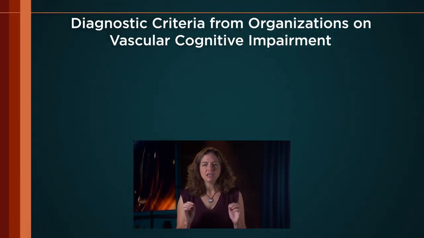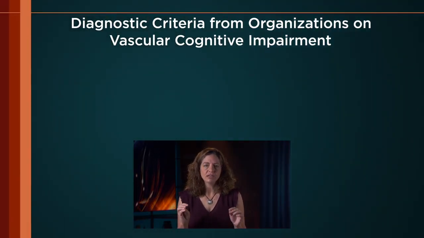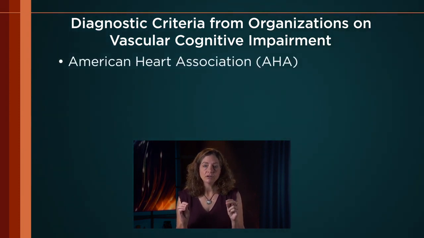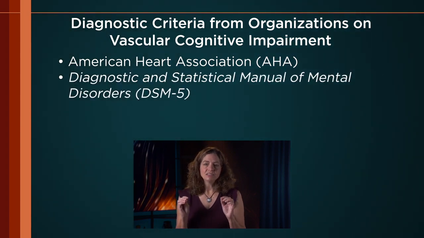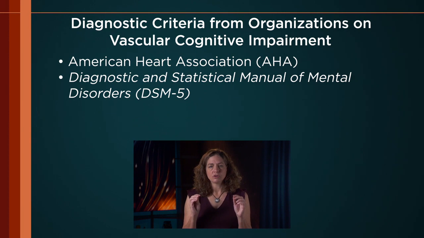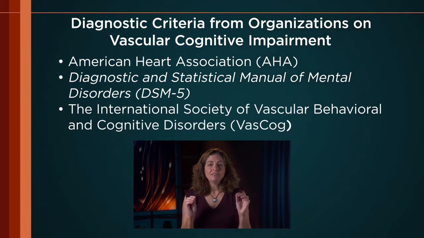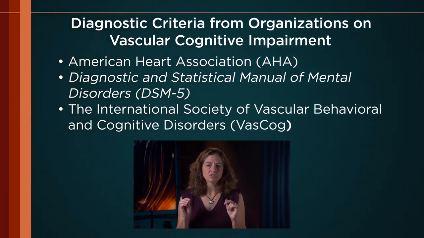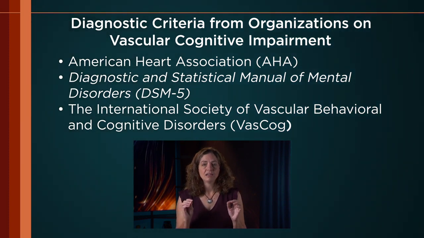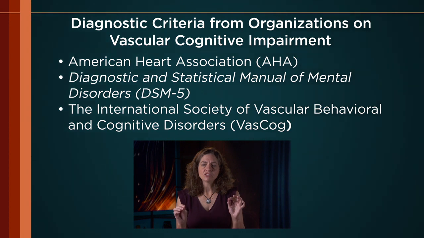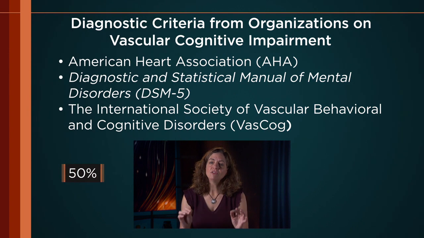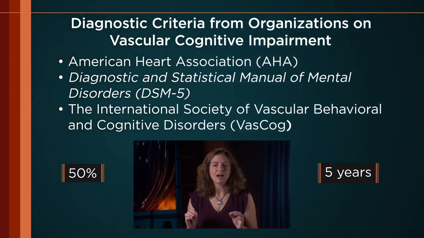Several organizations have included diagnostic criteria for vascular cognitive impairment, including the American Heart Association, or AHA, the Diagnostic and Statistical Manual of Mental Disorders, or DSM-5, and the International Society of Vascular Behavioral and Cognitive Disorders, so VASCOG. The risk of progression from vascular cognitive impairment to vascular dementia is estimated at 50% over a period of 5 years.